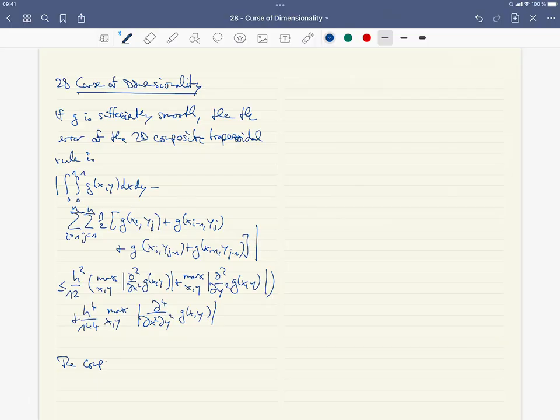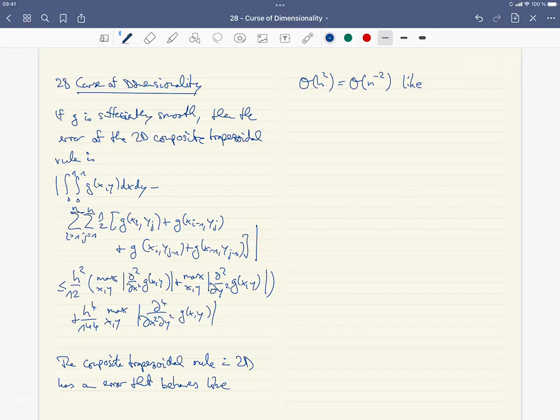So the composite trapezoidal rule in 2D has an error that behaves like this, order h squared, which is order of n to the minus 2, if I express this in the number of points that I'm using.